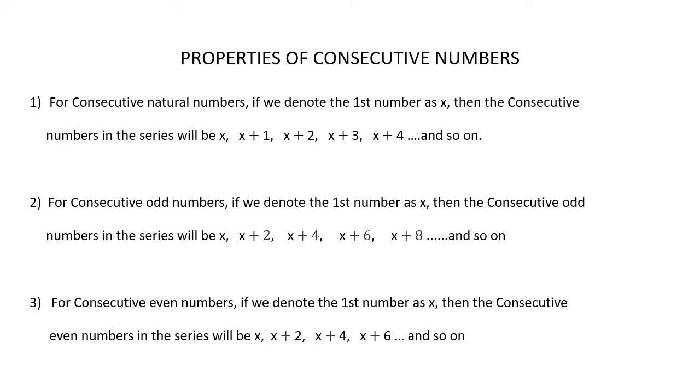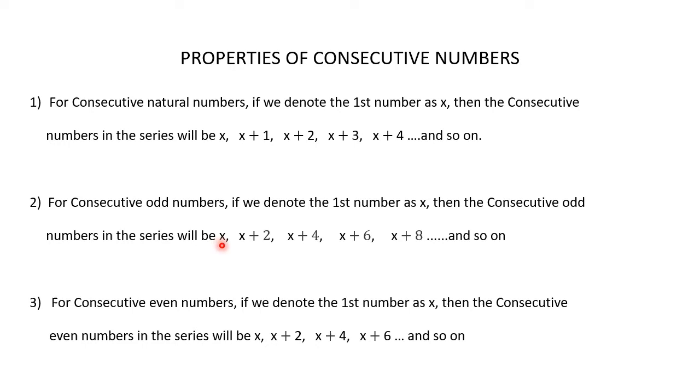When you look at the second and the third properties, that is for consecutive odd numbers and for consecutive even numbers, the series will be the same: x, x plus 2, x plus 4, x plus 6, and x plus 8, and so on. But the difference is in the first number.